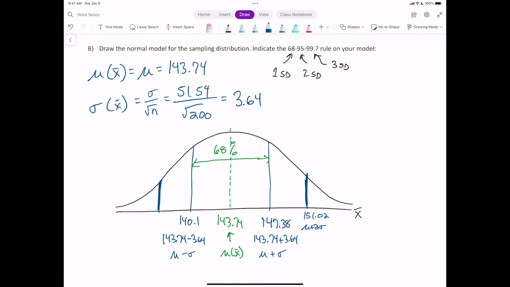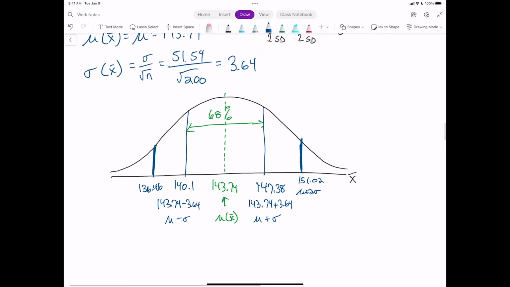And then if I do 140.1 minus 3.64, we get 136.46. And this is our mean minus 2 standard deviations. I know that's cramped handwriting, but hopefully you guys see the pattern here.